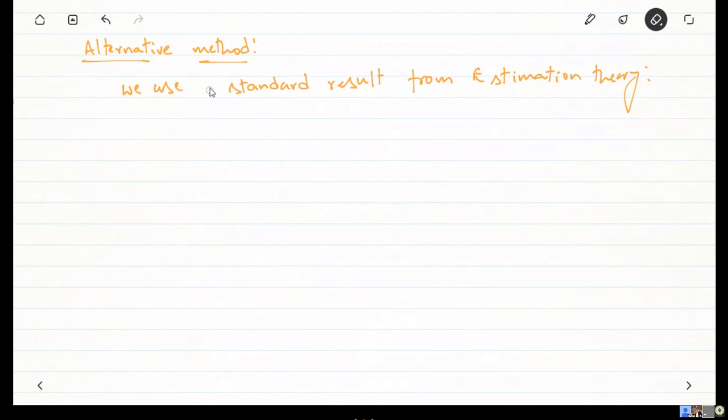We use the following standard result from estimation theory.